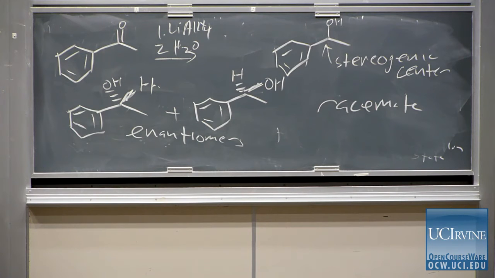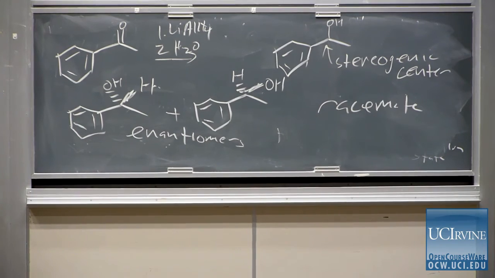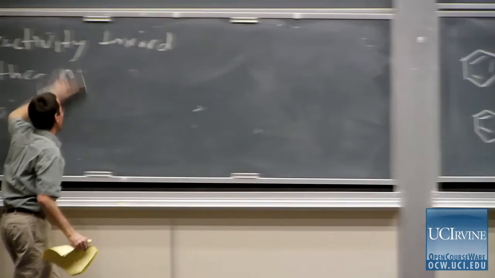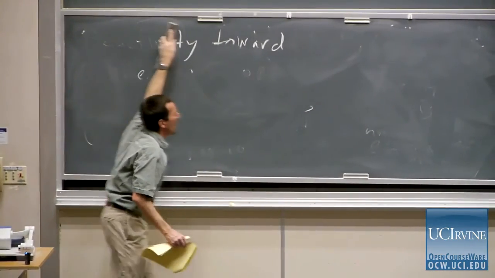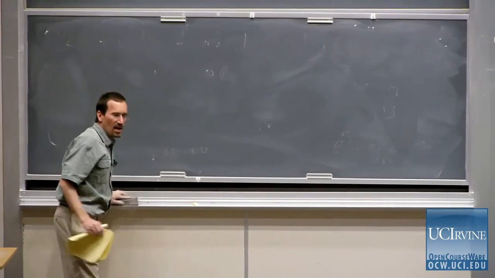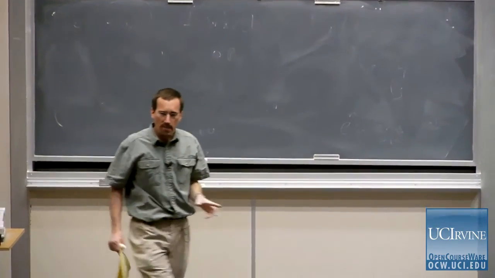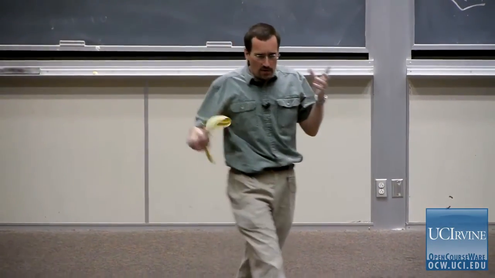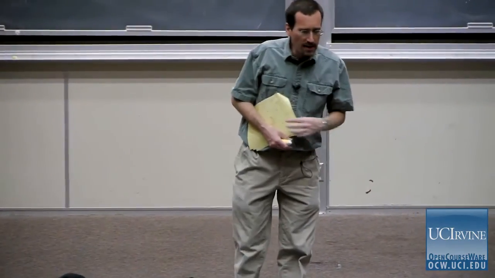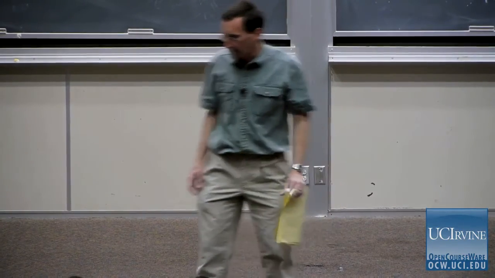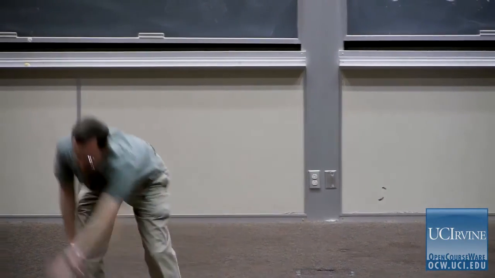All of the proteins in your body, all of the amino acids in your body, with the exception of glycine, all of the sugars in your body, all of the nucleic acids in your body, all of the lipids in your body are chiral.